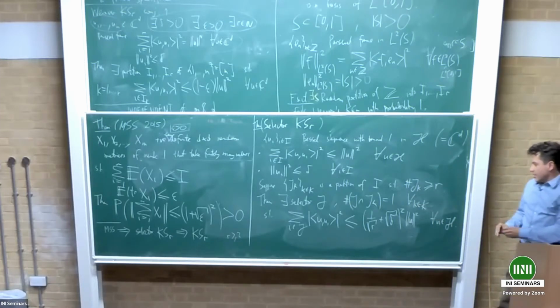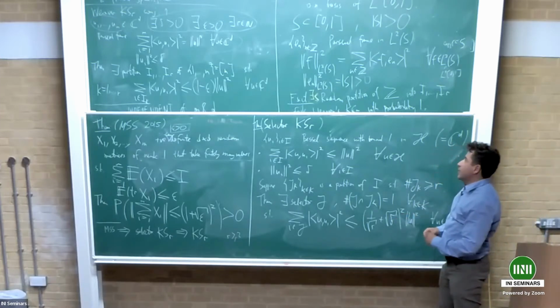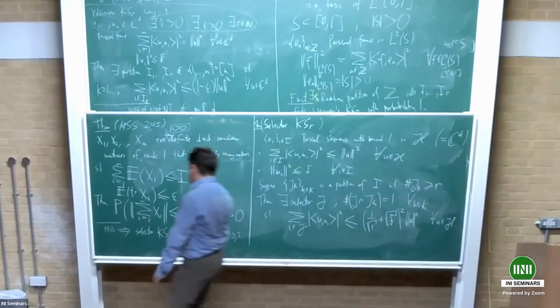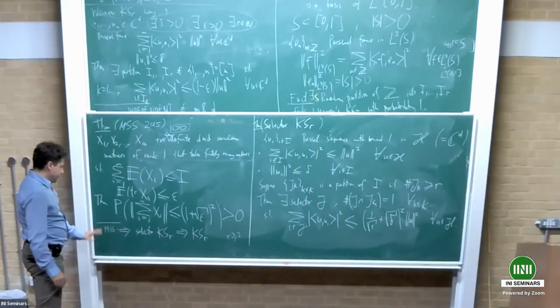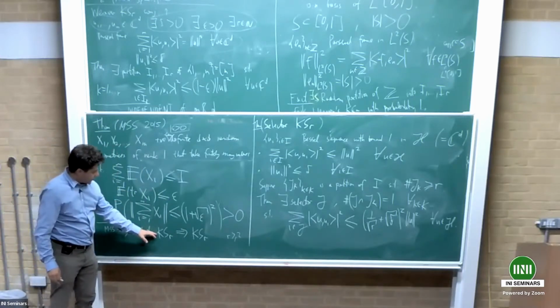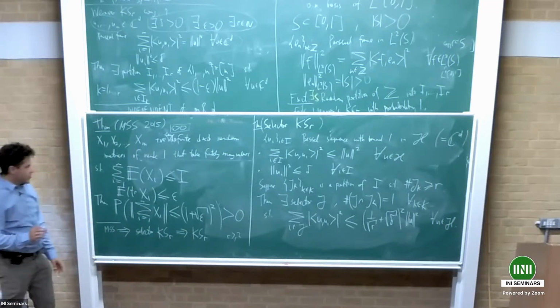Now I'll try to explain the relationship, how the MSS result implies the selector KSR result and how this implies the KSR result.